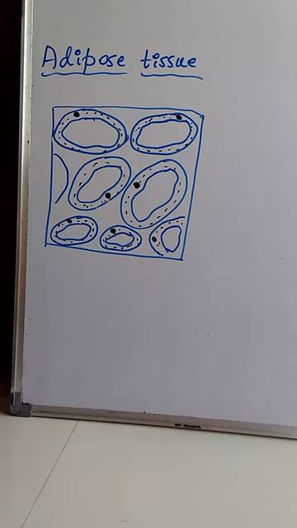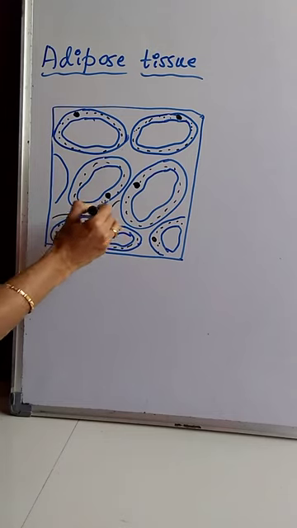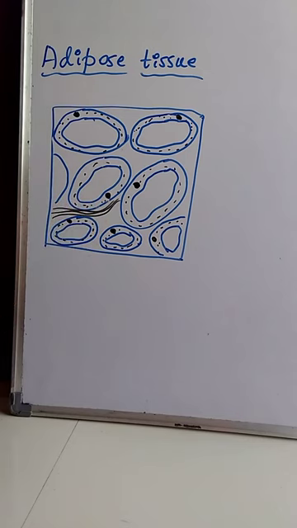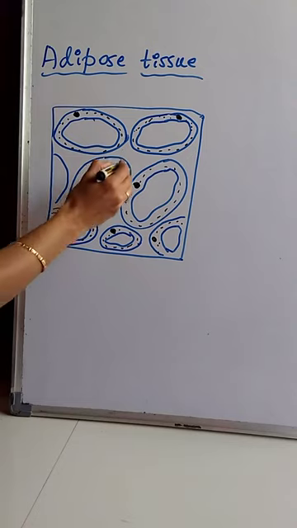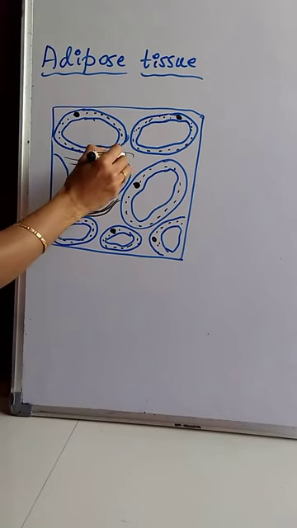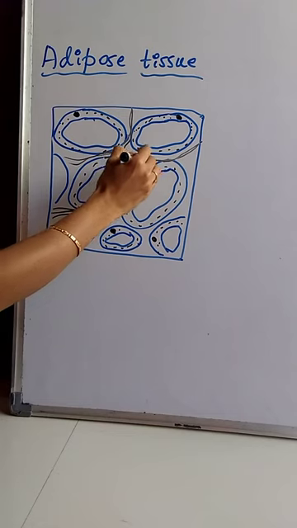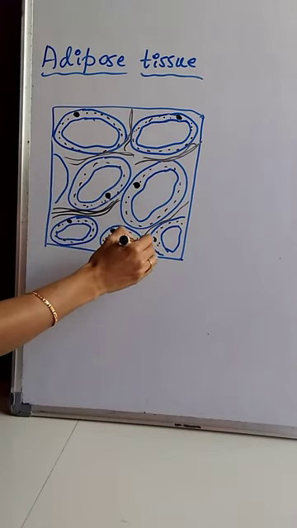And in the adipose tissue, various fibers are present. It contains yellow fibers, white fibers, reticular fibers. Various types of fibers are present.